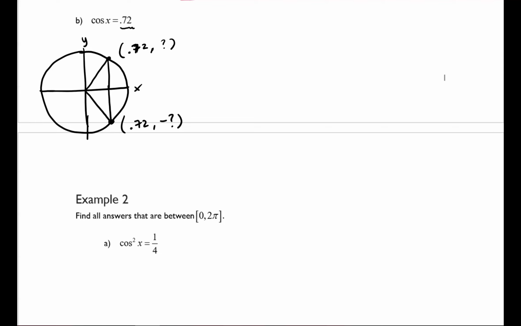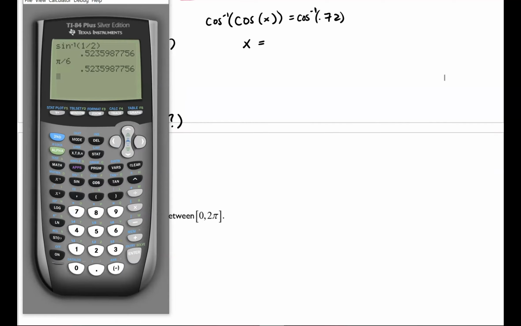And so what we're going to do is, in order to solve this equation, we have cosine of x is equal to 0.72. I'm going to take cosine inverse of both sides so that I can throw that into my calculator, and the left-hand side of the equation will be x, and then on the right side of the equation, I'm going to throw cosine inverse of 0.72 into my calculator and press enter, and we get 0.766.